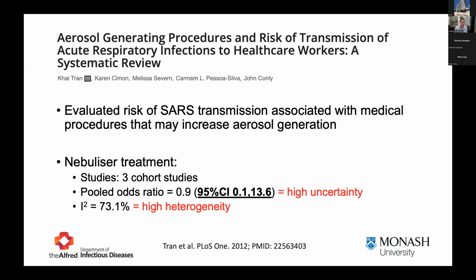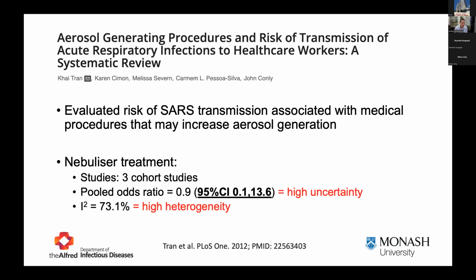And the pooled odds ratio for transmission for healthcare workers exposed to nebulizer treatment compared to those who were not was 0.9, but with very wide confidence intervals, indicating high uncertainty, and also with those 3 cohort studies, an I-squared value indicating high heterogeneity. So I guess low quality evidence.